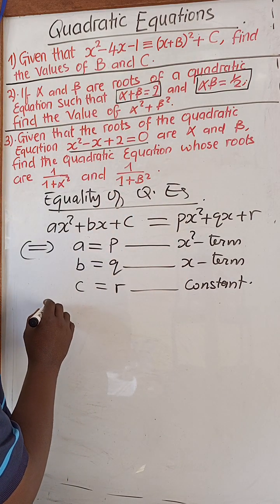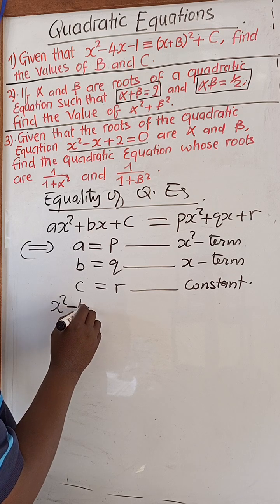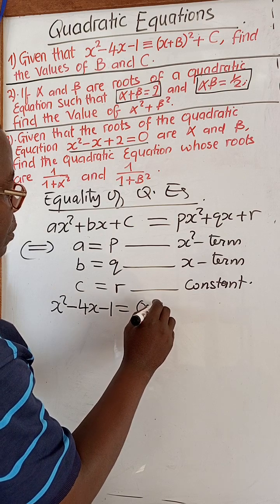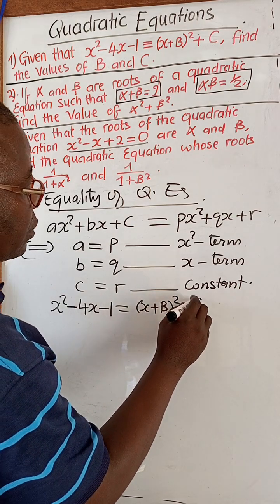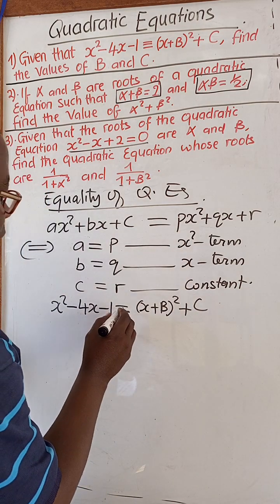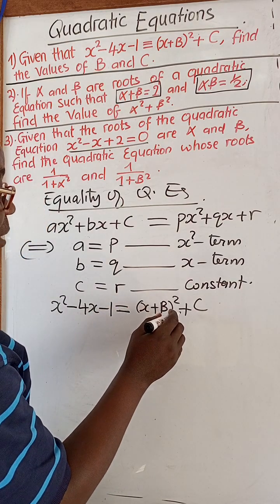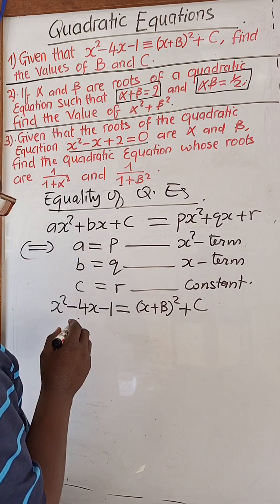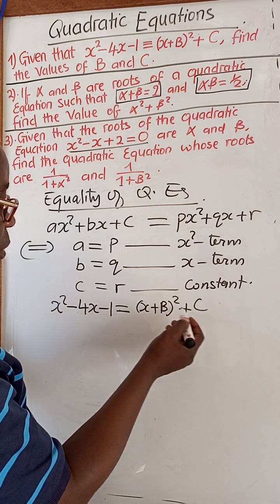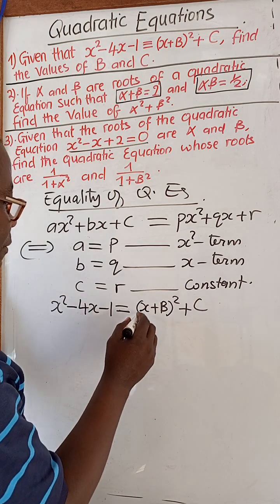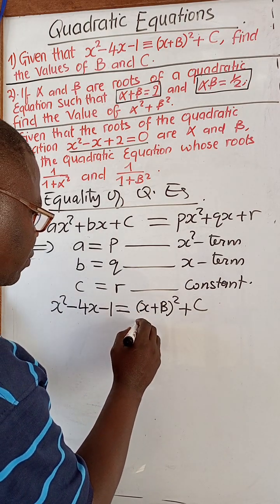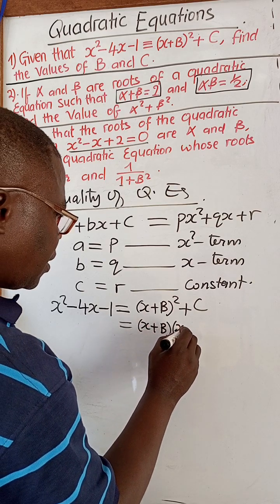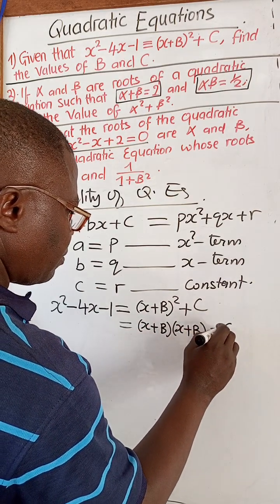If x squared minus 4x minus 1 is equal to (x plus b) all squared plus c, then if this quadratic is equal to this quadratic, coefficients of corresponding terms must also be equal. Now, this one is already well expressed. Let us open up this bracket and put it in the real quadratic form. (x plus b) all squared means (x plus b)(x plus b) plus c.